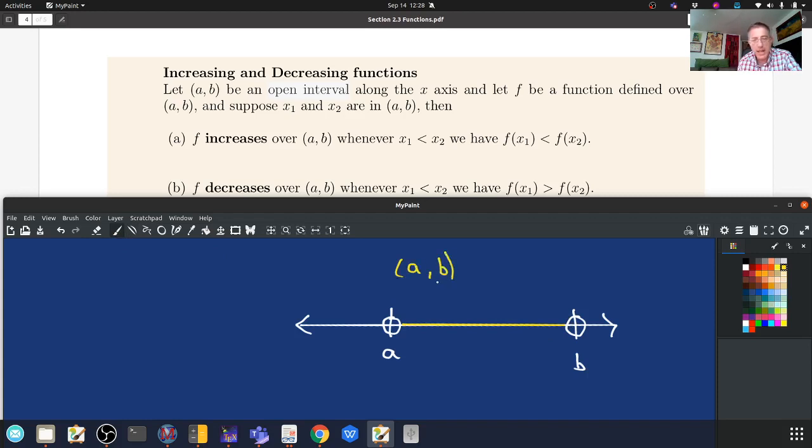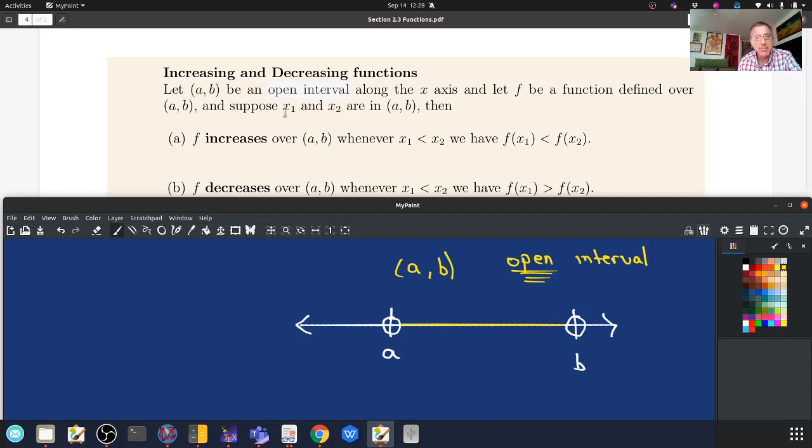It contains every number x greater than A but less than B. It does not contain A and B, and this is called an open interval. Especially those of you who are going to be going into calculus, it's a really important concept. Open intervals, in all of the mathematical discipline called analysis, open intervals are so crucial.